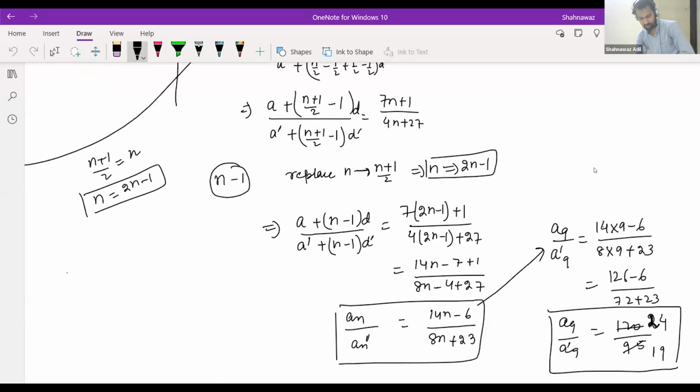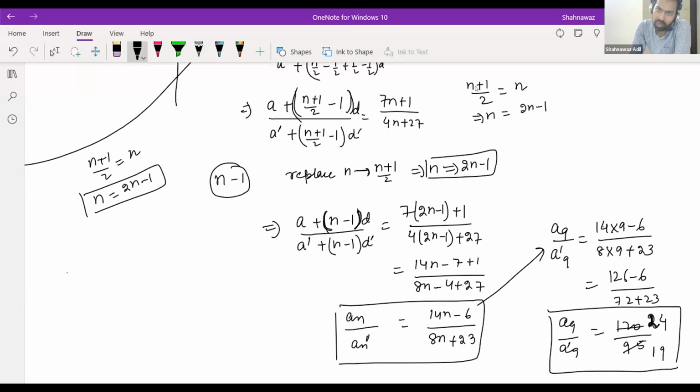Noted, sir. Okay. So this is the crucial point to remember: how do you make this n minus 1? Your n plus 1 by 2 becomes n, right? So then your n becomes how much? This is 2n minus 1.